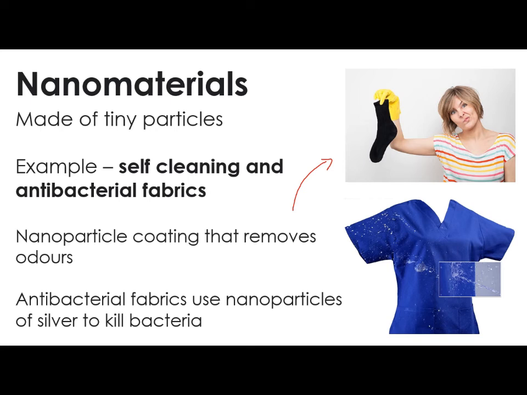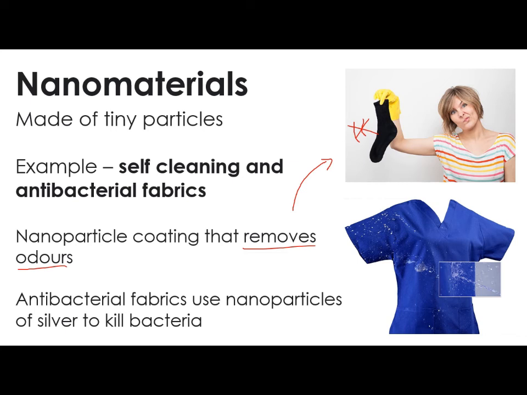Well, they're not really cleaning, but they remove odors. They would have some kind of chemical within the structure of the fabric that would repel the odors, so they wouldn't smell. And yes, that is the best picture of a smelly sock I could find. So they would get rid of the odors that build up in things like socks. That's a coating that could be put onto fabric.